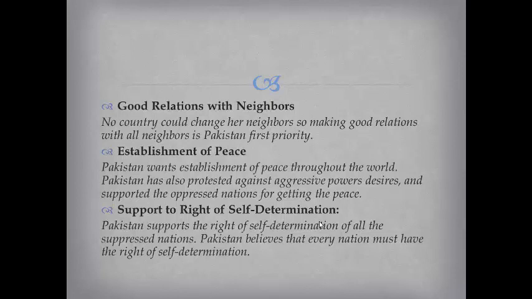Another objective of the foreign policy of Pakistan is good relations with neighbors. No country could change her neighbors. Till 1971, Pakistan had a unique geographical location, having a 1,000-mile distance between East and West Pakistan. East Pakistan was surrounded by India on three sides, with the only approach from the sea, which would not be difficult for India to control.